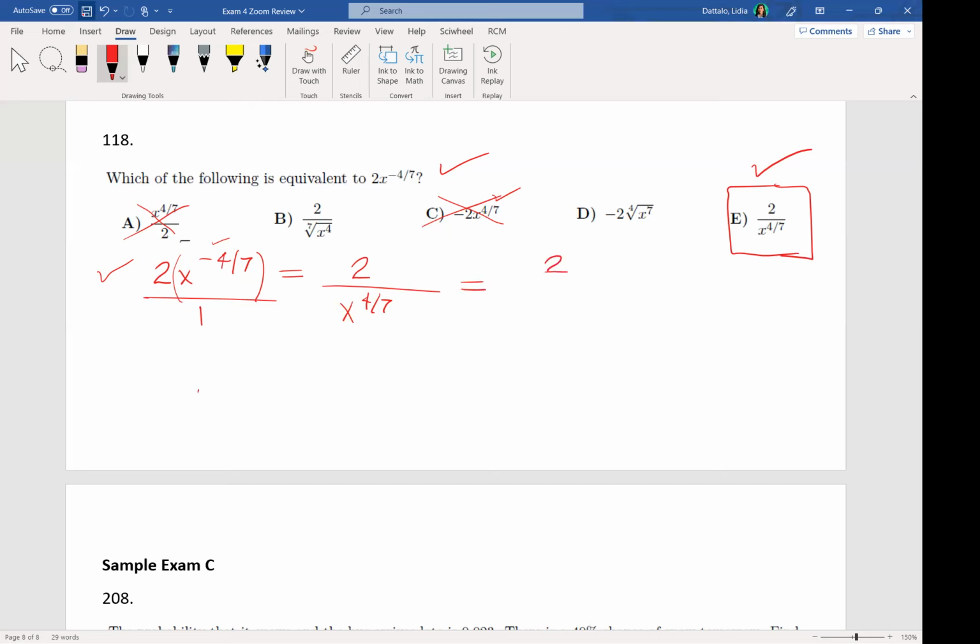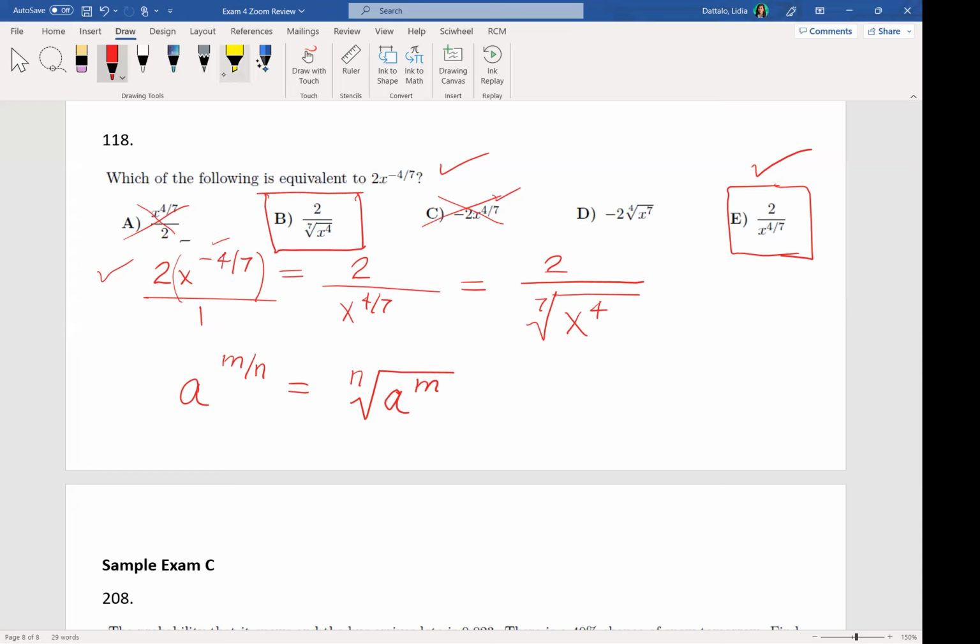I want you to know that A to the m over n in radical form is the same thing as n is the index and the m is the exponent of the base, which is the base A. So in this problem, we would say the 7th power, that's the index of x, the power is 4. Oh, this is good. So those two answers would be correct answers.